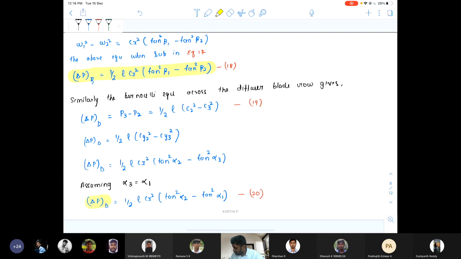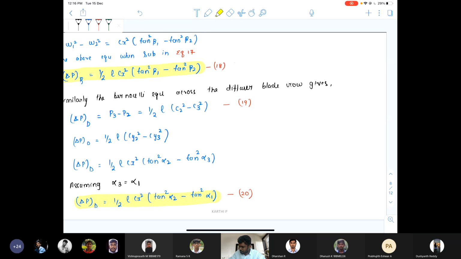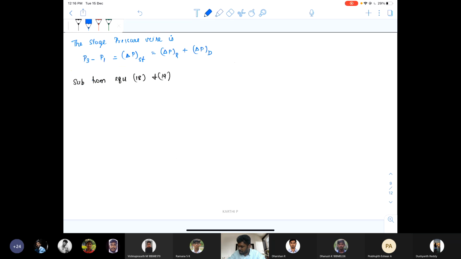Take this equation as equation number 20.